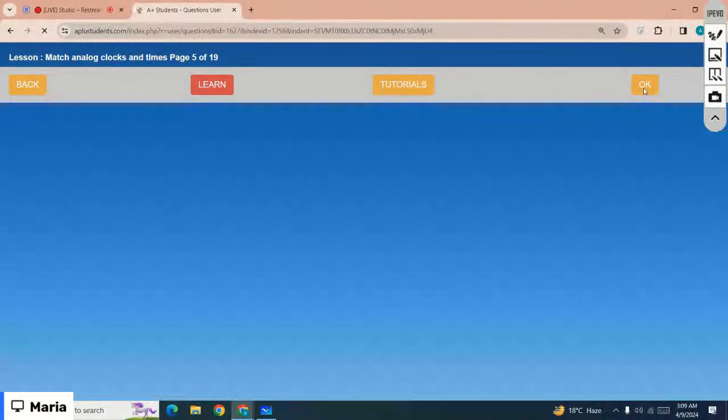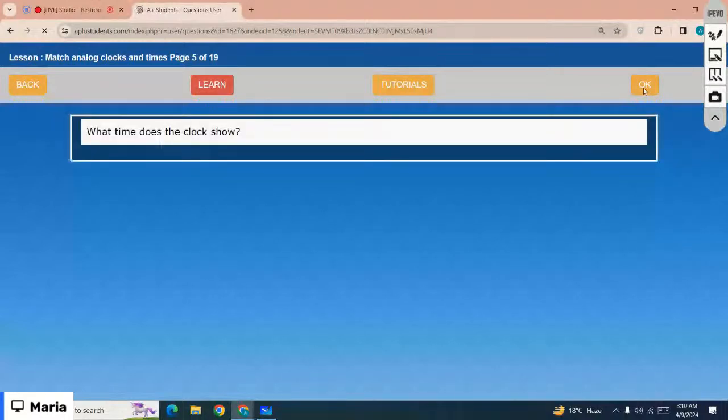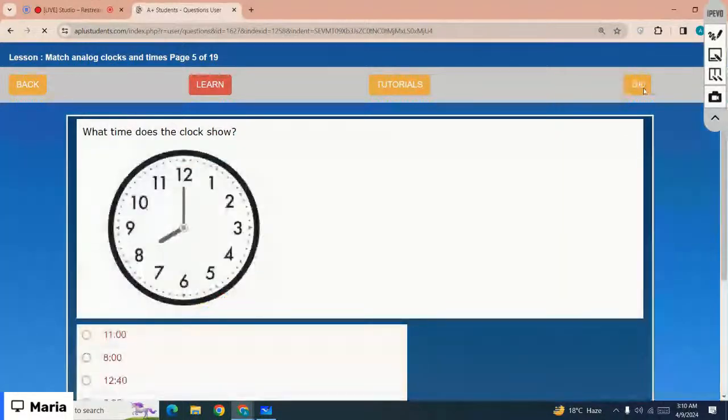The next one is: what time does the clock show? So which is the correct option?